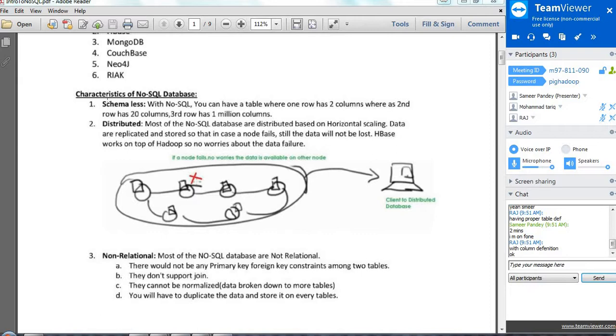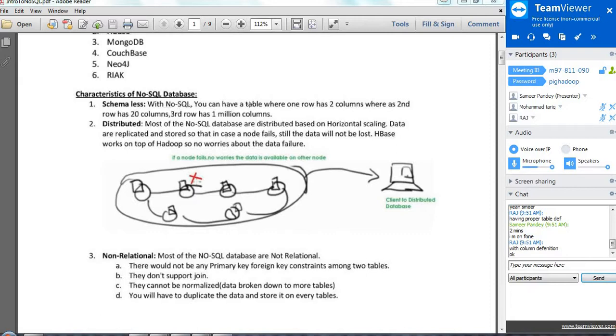Like a table having 5 columns: one column of string type, one of number type, one of char array type, date type. You are defining your table, and that definition of a table is nothing but a schema. But NoSQL is schema-less. There is no definition for the table.